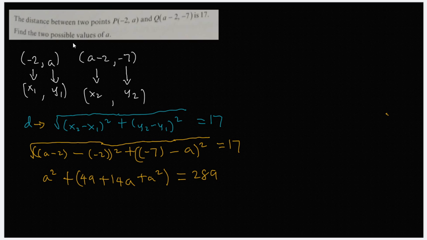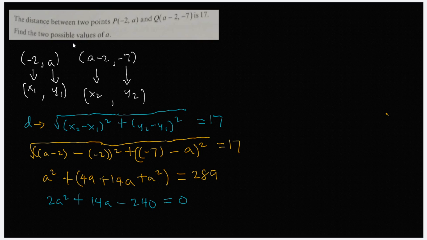This gives us 2a squared plus 14a, minus, combining 289 to the left side, 240, equal to 0. You can pause the video to check what happened, if it's very fast.